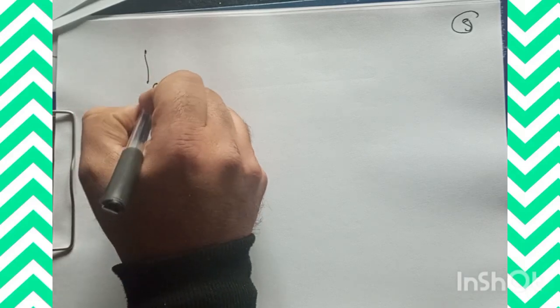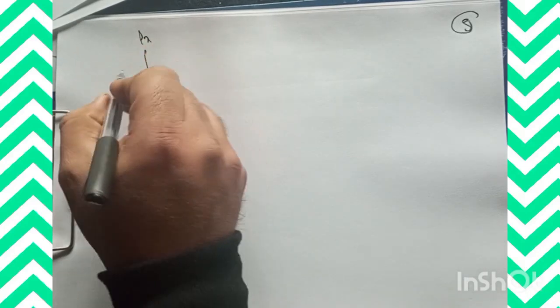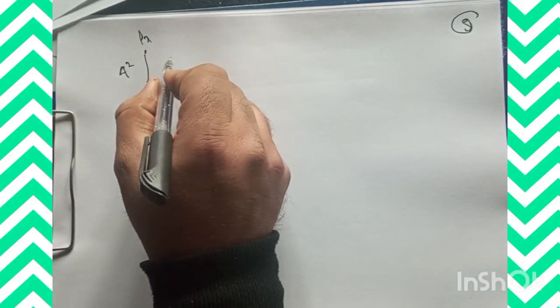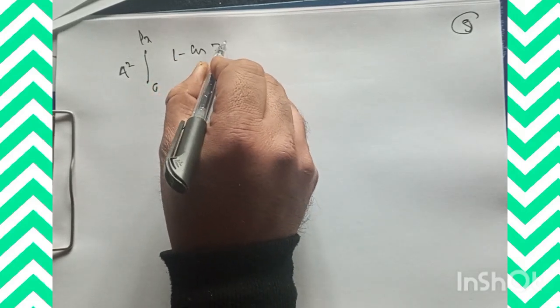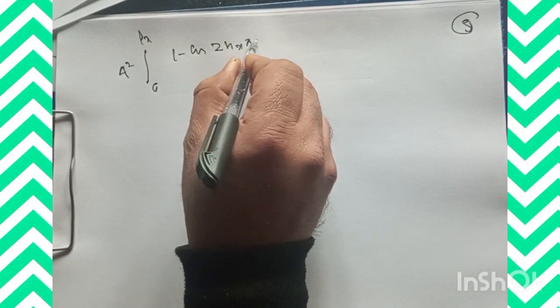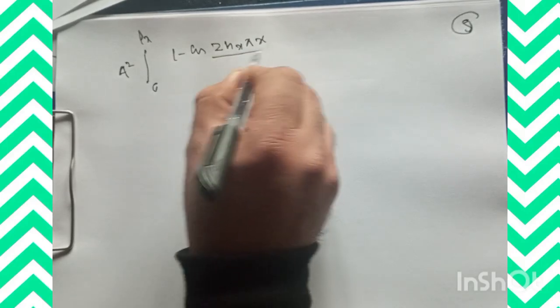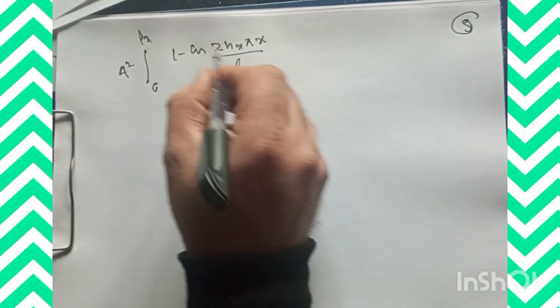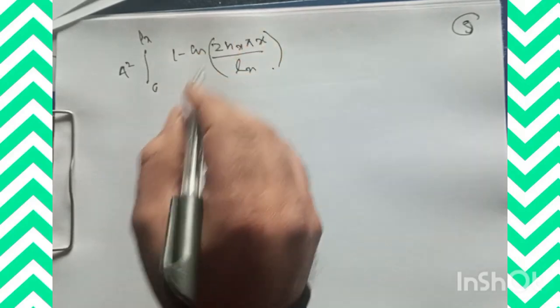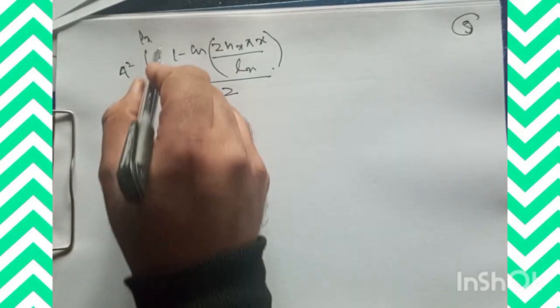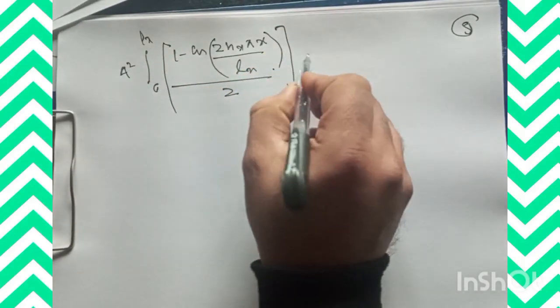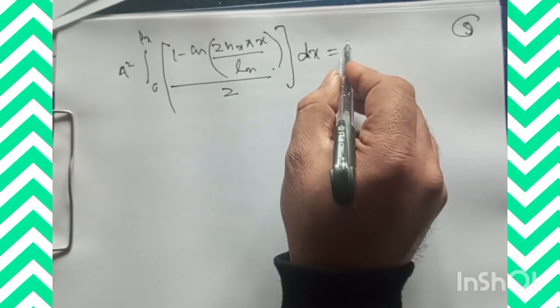So I will write the integral from 0 to Lx, A square is out, of 1 minus cos(2 nx pi x by Lx), this whole thing divided by 2, dx equal to 1.